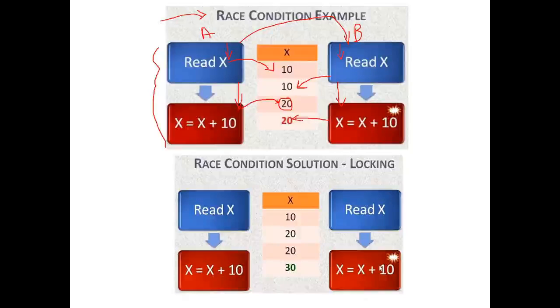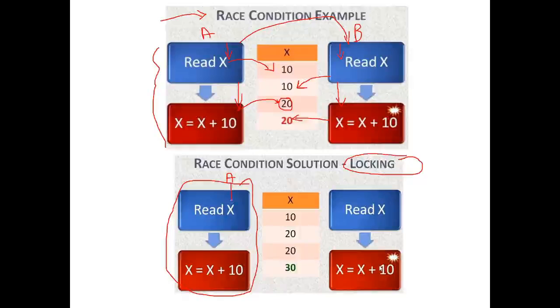To avoid this problem, a locking system can be used. This locking system is like a critical section. This code can be locked while process A is executing this part.